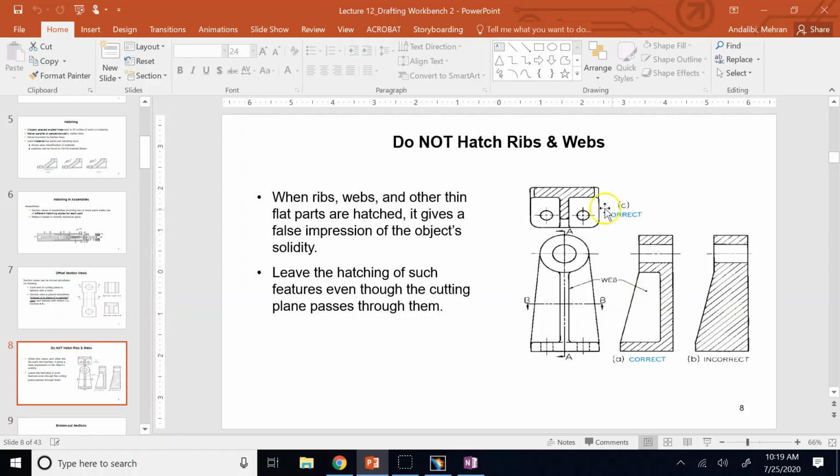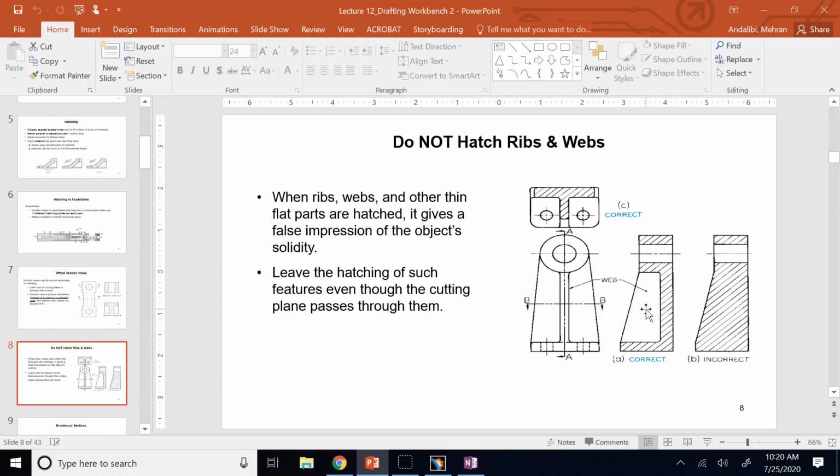So, for example, if you have this part here, where this is basically a rib, okay, then when you cut it with this plane and you show it from the side view, although this trapezoidal part is cut and it is on the section plane for view AA, so here this is view AA, actually not BB, AA. If you look here, although plane AA cuts all of this rib and this whole trapezoid should also be hatched, but we never do it like that. We leave it as unhatched.